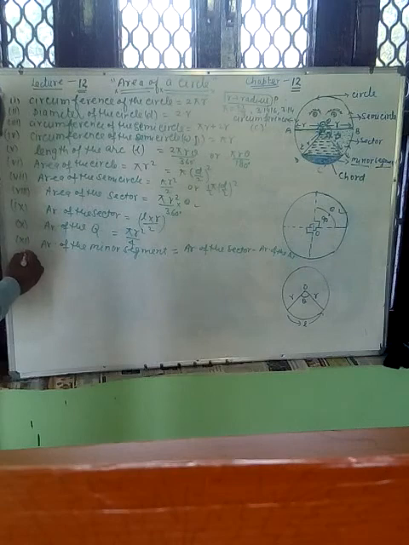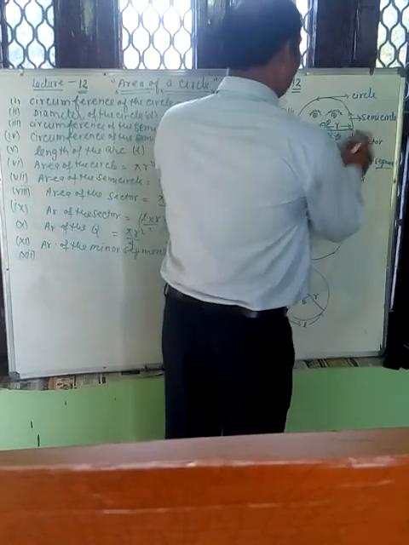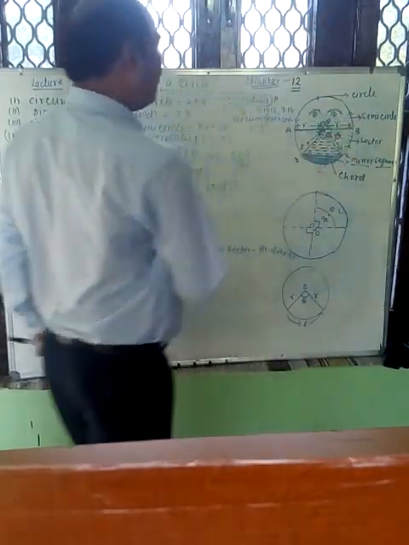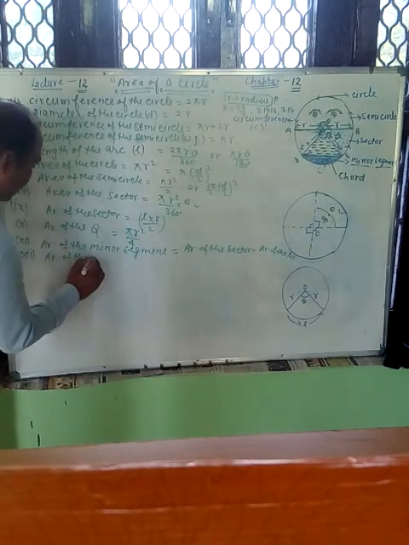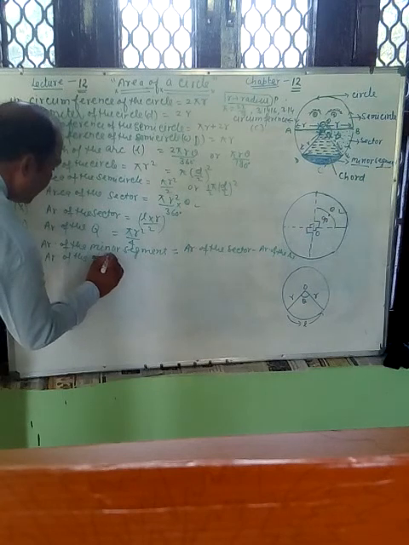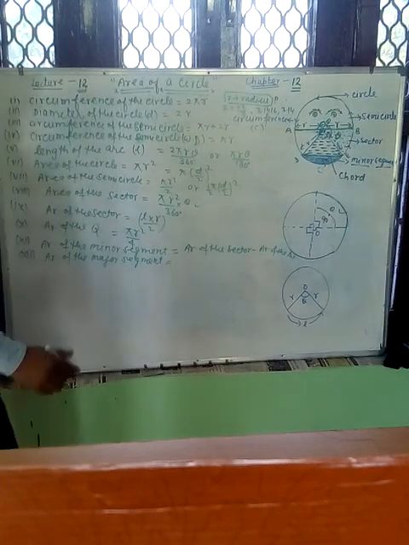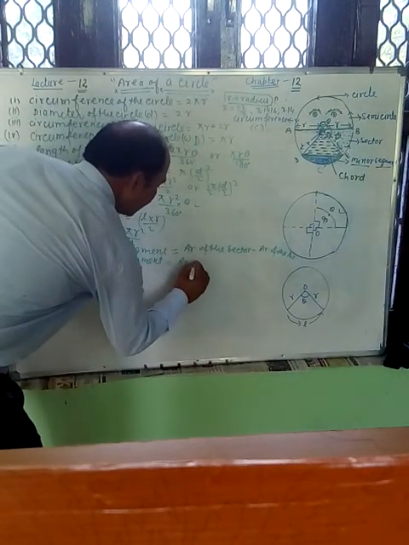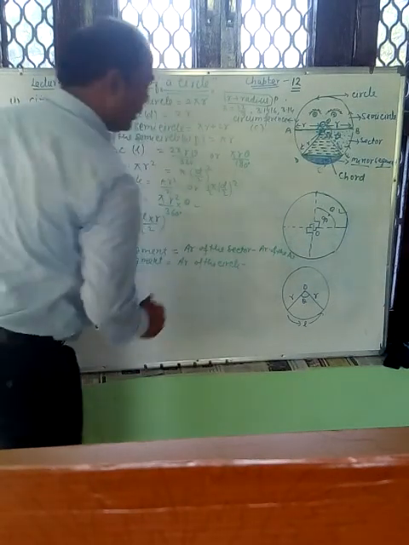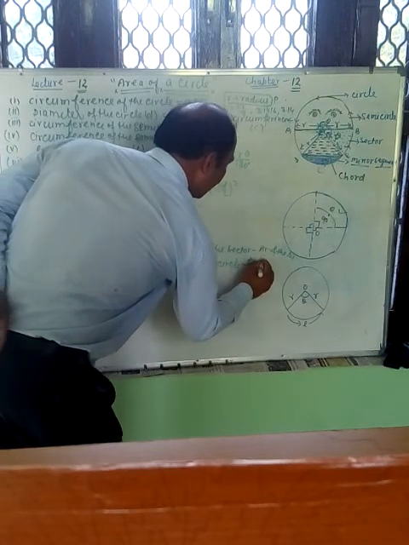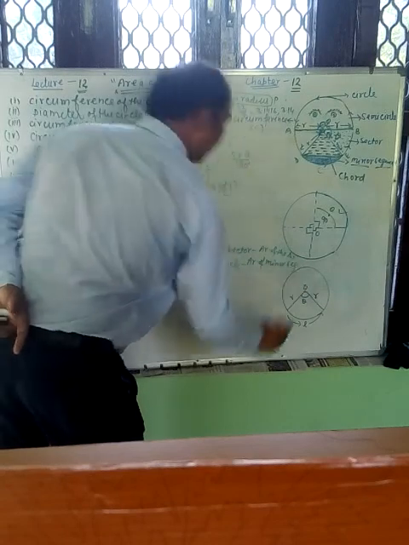This is called the area of the minor segment. Now 12th formula is area of the major segment. Area of the major segment is equals to area of the circle minus area of the minor segment.